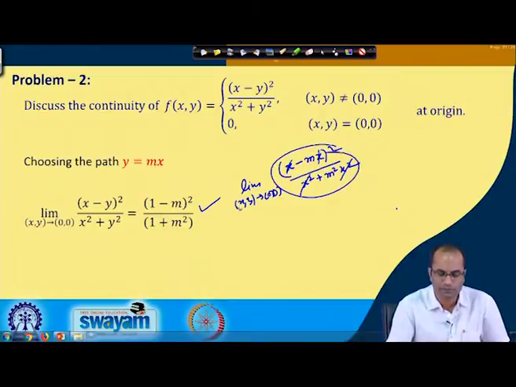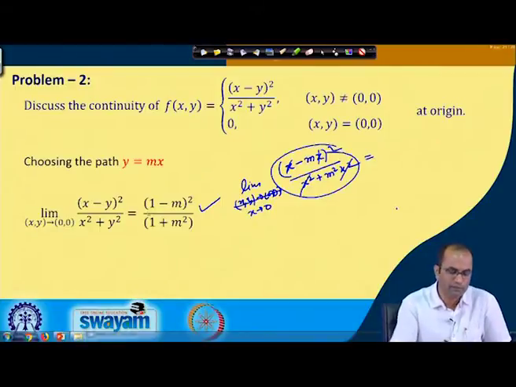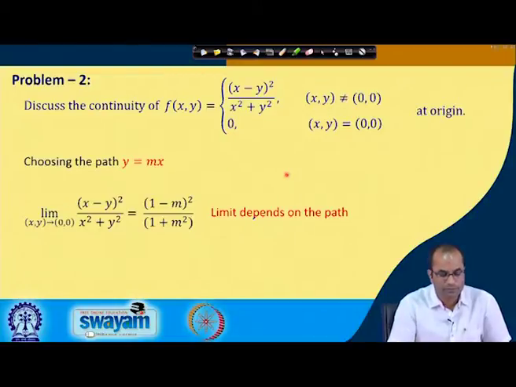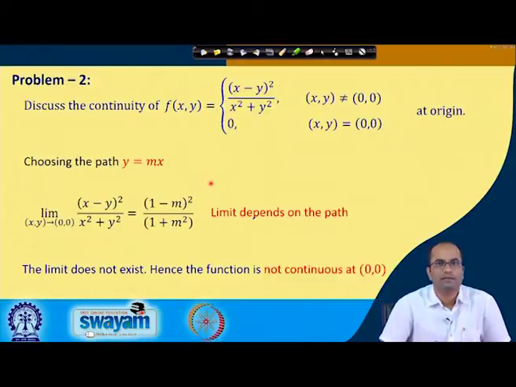So, this limit as x goes to 0 is nothing but 1 minus m whole square by 1 plus m square. This limit depends on the path, because choosing different values of m we get different values, and hence the limit does not exist, so the function is not continuous.